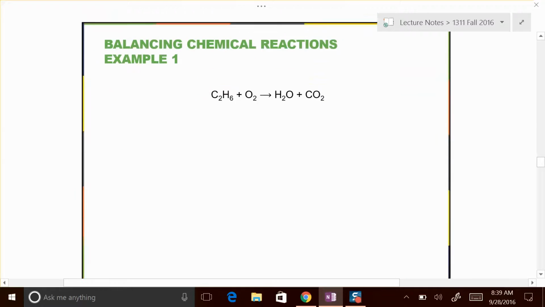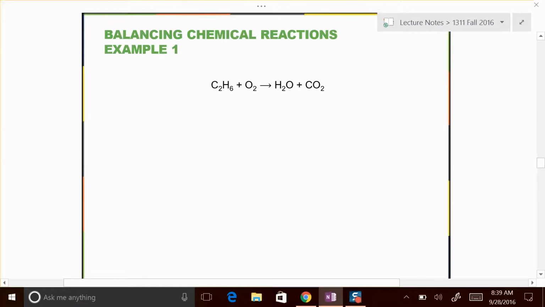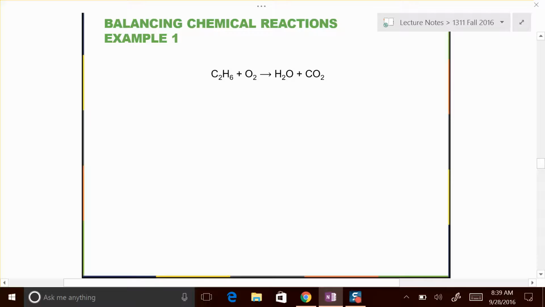All right. Let's try this one. So here I have a chemical reaction with carbon, hydrogen, and oxygen. And what I'm going to suggest is that when you are balancing these, you make a list. Carbon, hydrogen, oxygen.